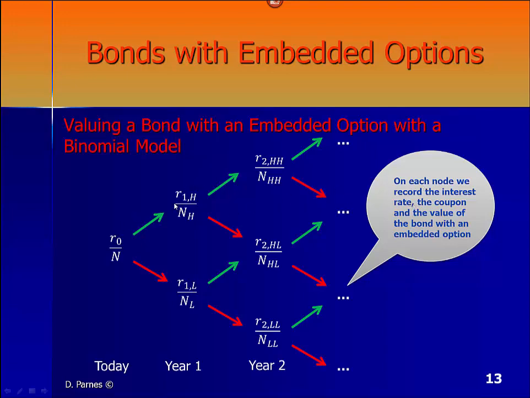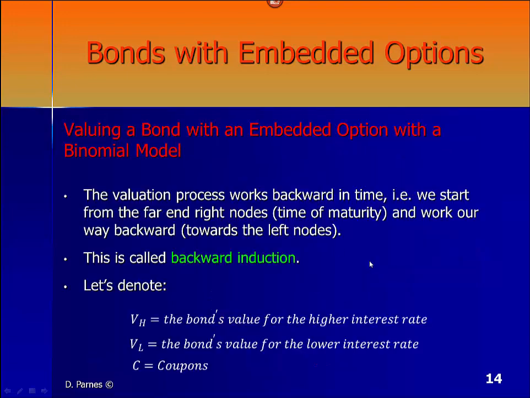We're discounting those cash flows backward in time. And I will show you how. So the valuation process works backward in time, which means we start from the far end, right nodes, time to maturity, and work our way backward towards the left nodes. This is called the backward induction.